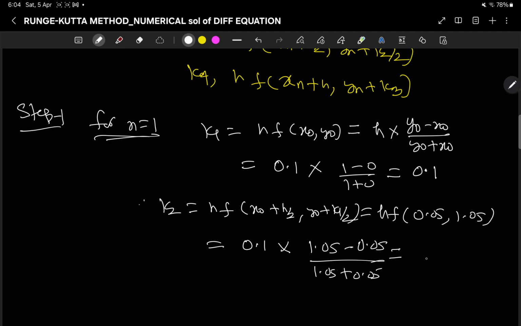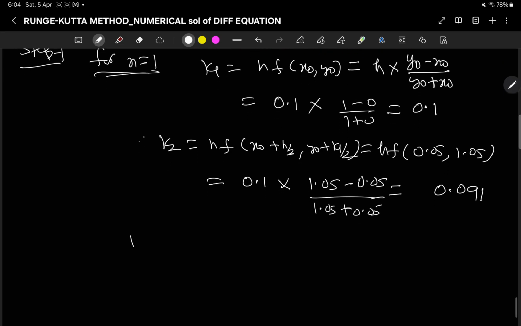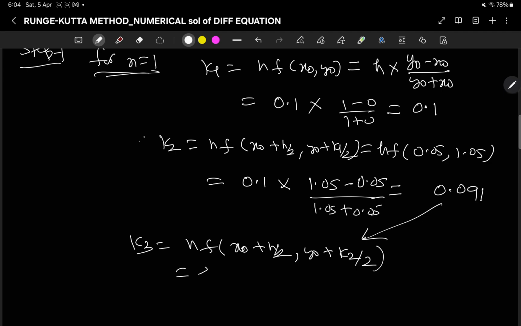If you simplify it, it will be 0.091. Okay. Accordingly, what is your k3? k3 is h f(x0 plus h by 2, y0 plus k2 by 2). k2 already we got it here. So this is equal to h f(0.05, 1.0455). If you simplify it, it will be 0.0909.